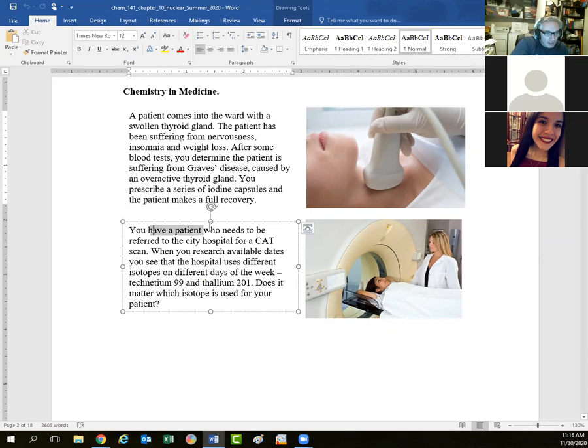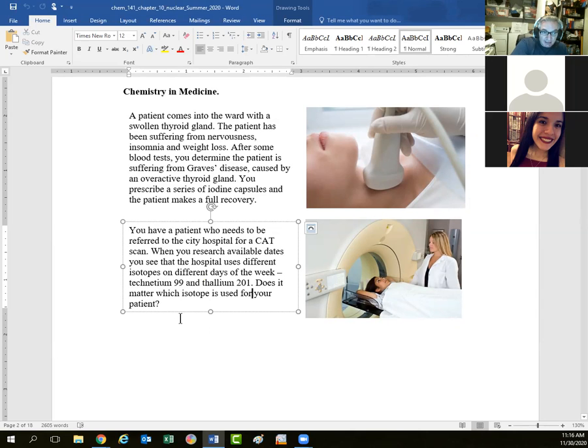You have a patient who needs to be referred to the city hospital for a CAT scan. When you research the available dates, you see that the hospital is using two different isotopes for their CAT scans. One is technetium 99 and one is thallium 201. The number just refers to the mass for that particular isotope.